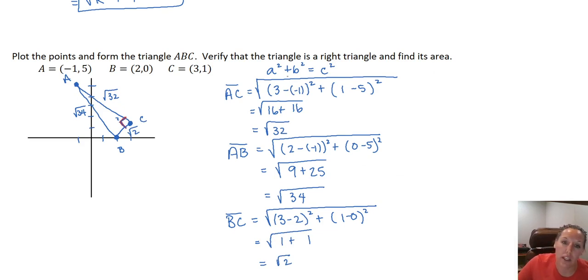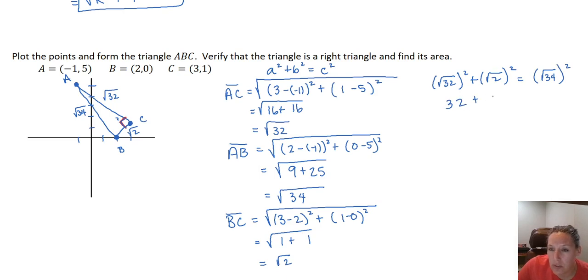And we do see that if we plug in A and B, or the two shorter sides, so the square root of 32 squared plus the square root of 2 squared is equal to the square root of 34 squared, because that's going to give us square root of 32 squared is 32, the square root of 2 squared is 2, and the square root of 34 squared is 34. That is a true statement, so that means ABC is a right triangle.